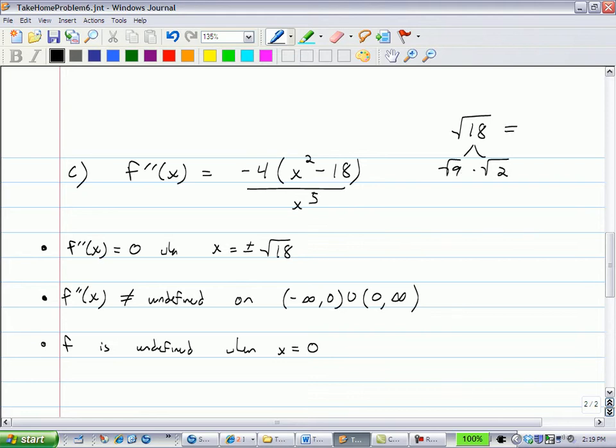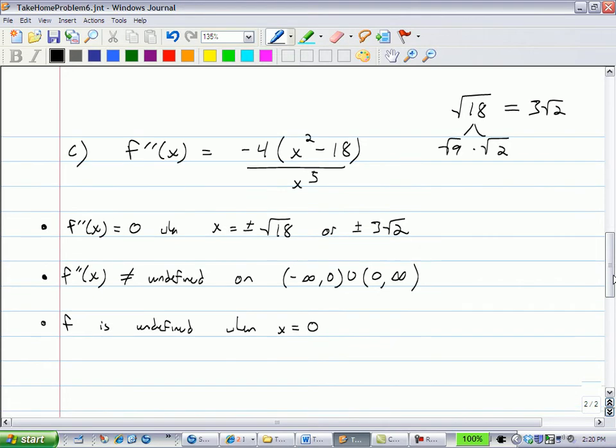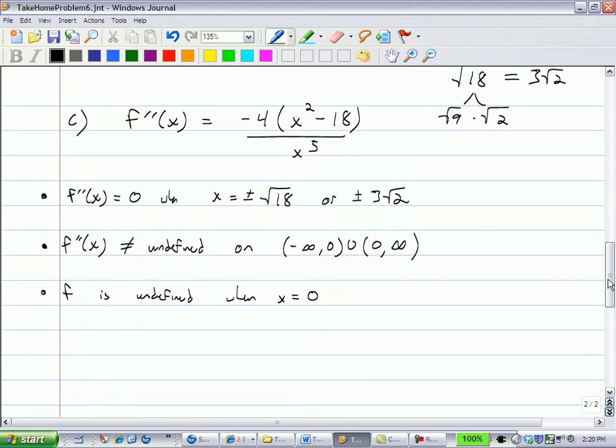So the square root of 18 reduces to 3 root 2. Okay, so we've located the only points where concavity could change. So we're going to write out our intervals. The leftmost interval is from negative infinity to what? Okay. Next interval.